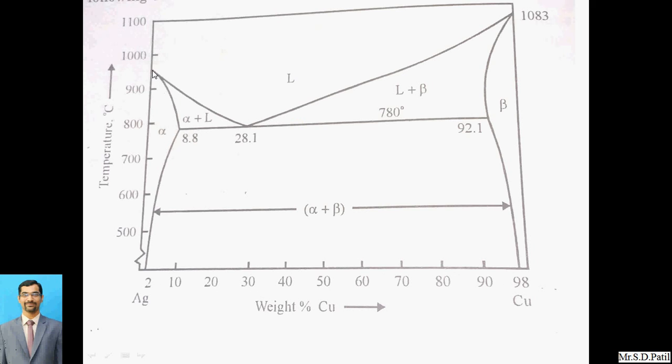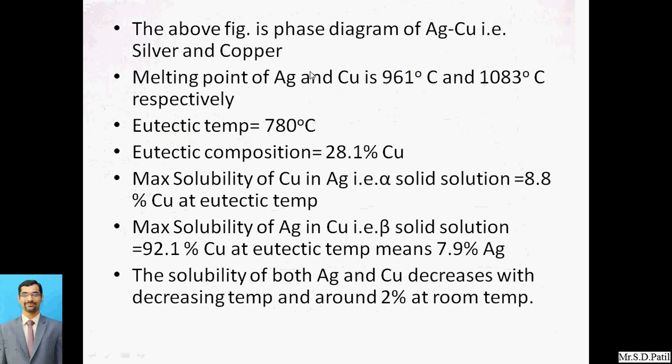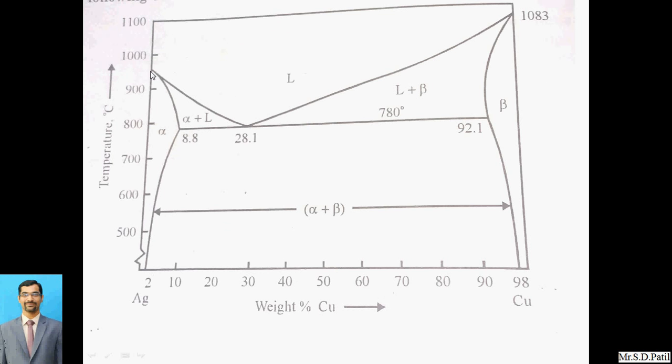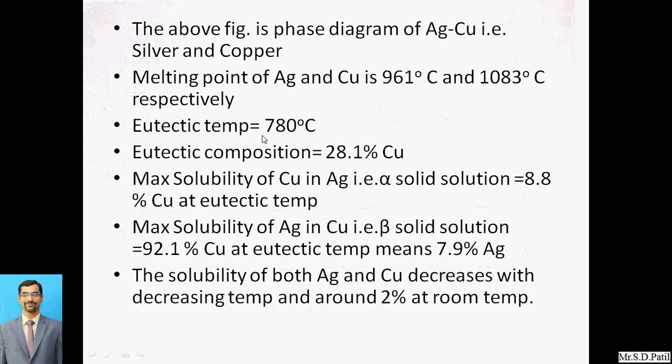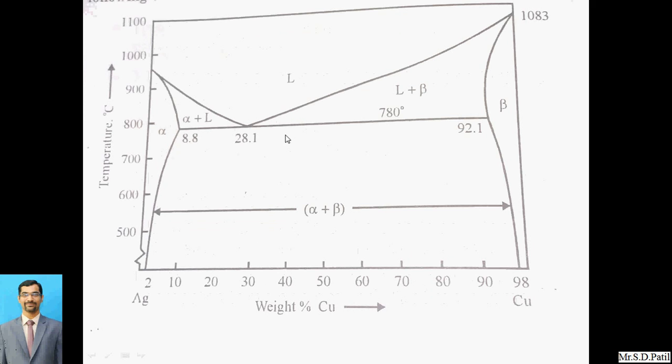So here is the melting point of Ag, which is 961 degrees Celsius, and the melting point of copper, that is 1083 degrees Celsius. Okay. Now the eutectic temperature, that is 780 degrees. So this is the eutectic temperature, at 780 degrees Celsius.